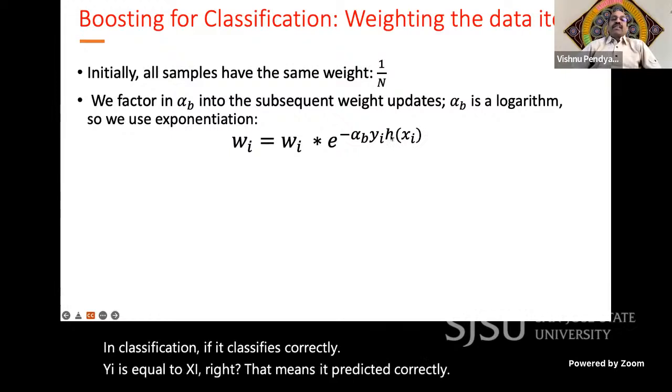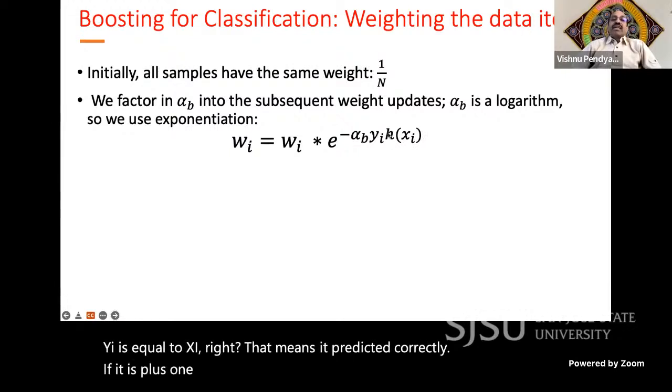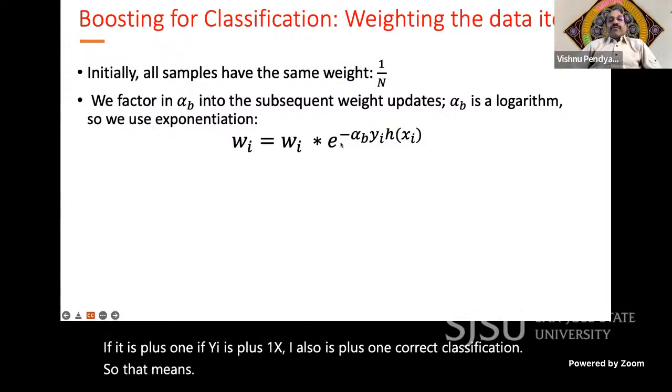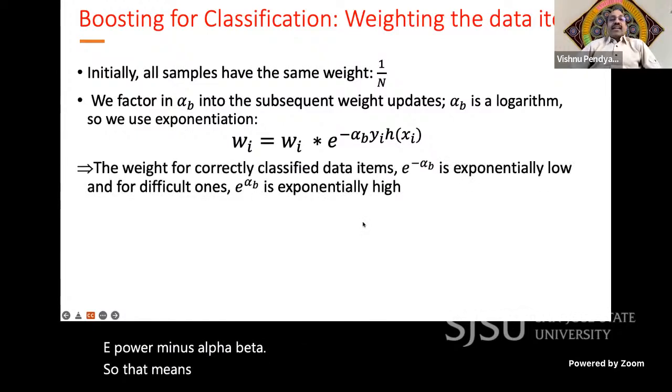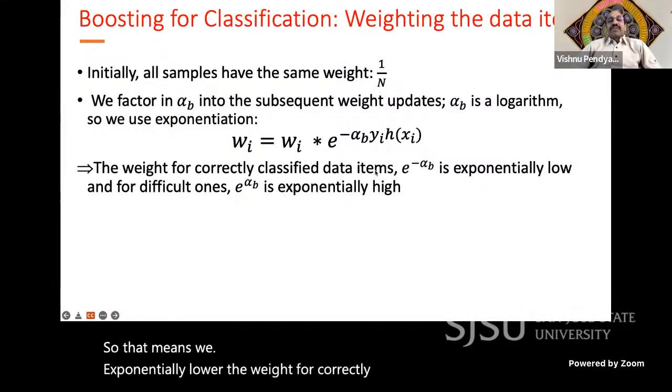If yi is +1, h(xi) also is +1, correct classification. So that means the weighting factor is e power minus alpha b, right? So that means we exponentially lower the weight for a correctly classified data item.